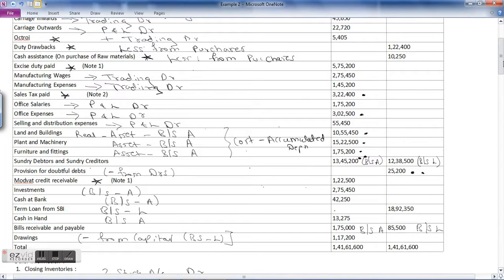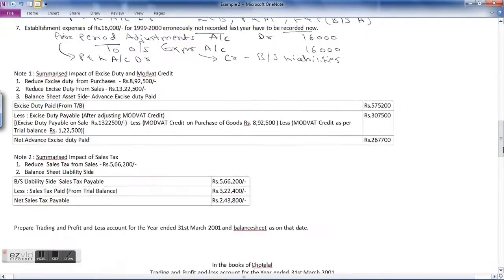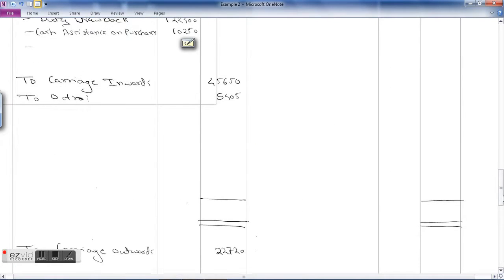Then the next one, excise duty paid. So note 1. We'll be giving this effect of excise duty paid later, by referring to note 1. Then manufacturing wages, trading account, debit side. How much is the manufacturing wages? 2,75,450 to manufacturing wages, 2,75,450.